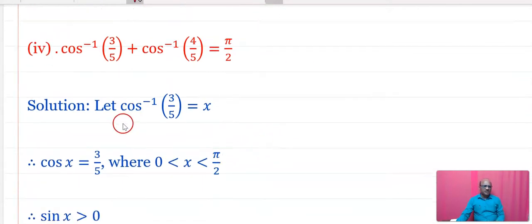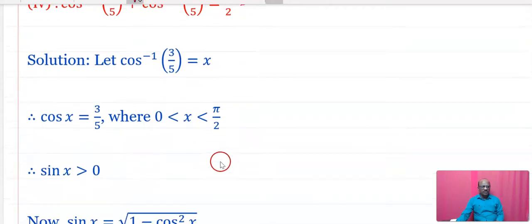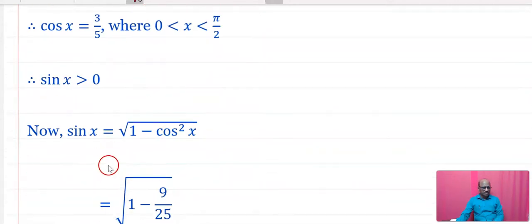Now the next problems are also very easy. Cos inverse of 3 by 5 plus cos inverse of 4 by 5 is equal to pi by 2. Let cos inverse of 3 by 5 be x. Therefore cos x is equal to 3 by 5. Again x lies between 0 and pi by 2. As cos x is equal to 3 by 5, sin x is also positive.